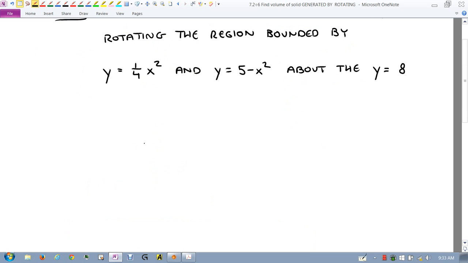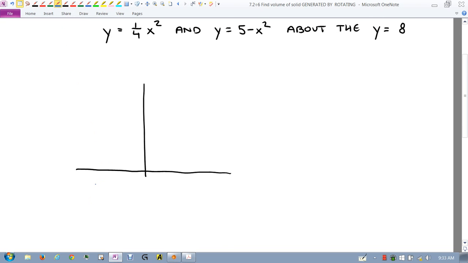This solid would look different because you're taking that same region, but this time, instead of rotating it around the x-axis, you're rotating it around y equals 8.